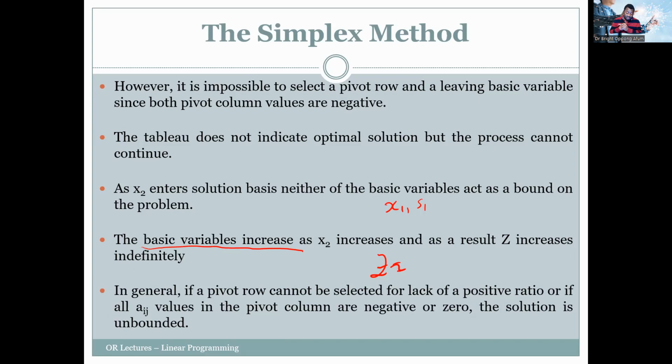So in general, if a pivot row cannot be selected for lack of a positive ratio, or if all the contributing values, the aij values in the pivot column, are negative or zeros, the solution is referred to as unbounded.